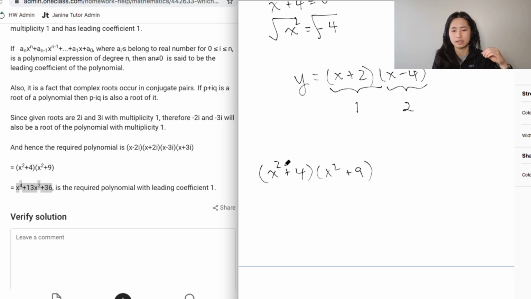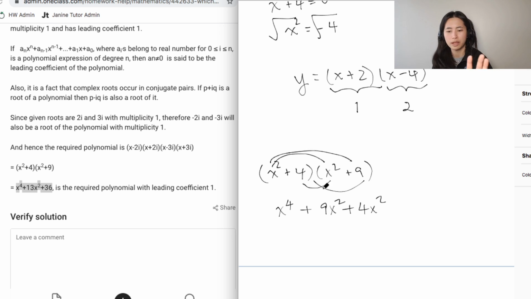So all you have to do is look at your outer function. So you have this, which is going to be x raised to the power of 4, right? You multiply x squared times x squared, and then subsequently, x squared times positive 9, so that's going to be plus 9x squared, and then afterwards you're going to have 4 times x squared, so that's going to be plus 4x squared, and then from there you can multiply 4 times 9, which is just going to be 36, right?